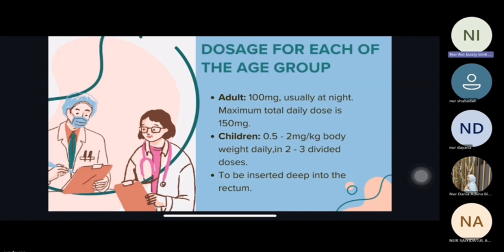For children, 0.5 to 2 mg per kg body weight daily in 2 to 3 divided doses, to be inserted deep into the rectum.